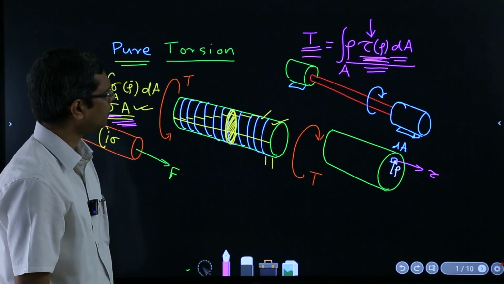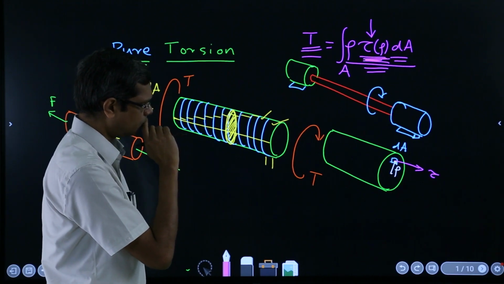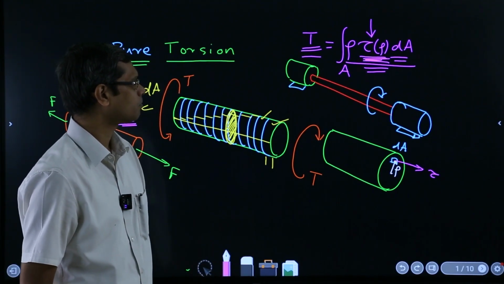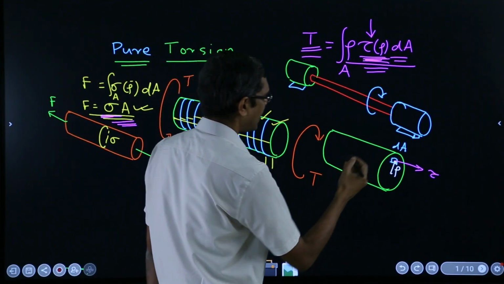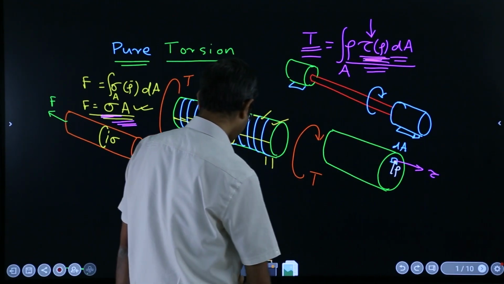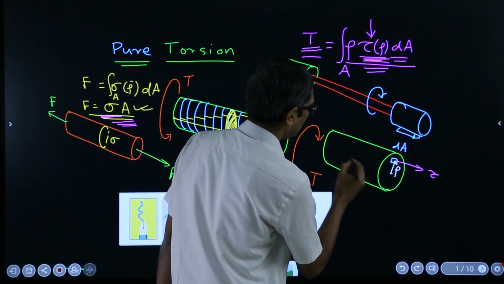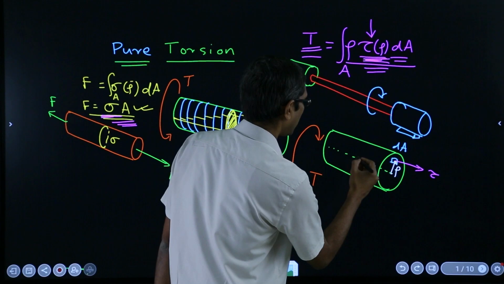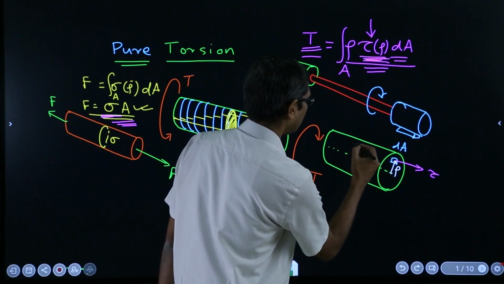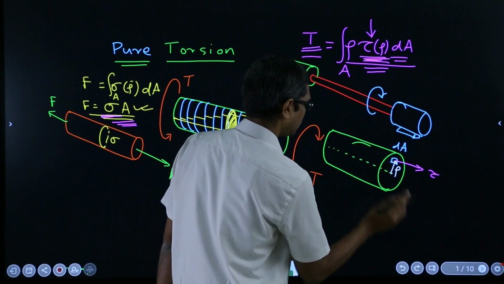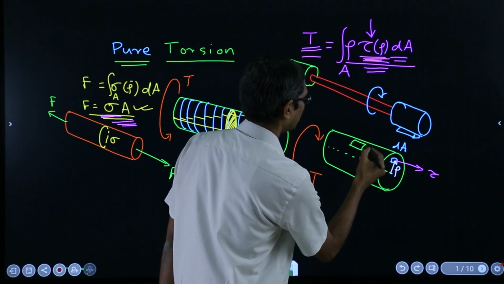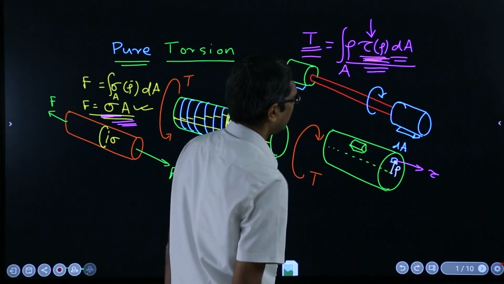Okay. Now, so that's one aspect of the shear stress which exists, but that will also tell us something more. Suppose this is the axis, and from the axis I take a portion like this somewhere.